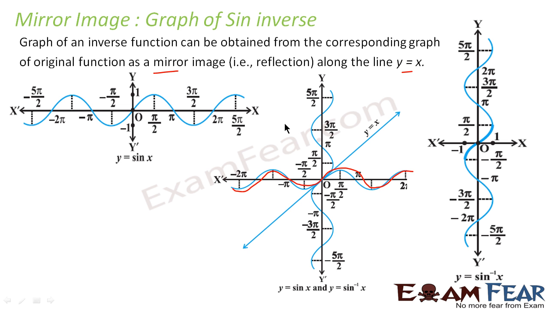And then we drew the graph of y is equal to sine x and y is equal to sine inverse x, and we observed that the graph of y is equal to sine inverse x is nothing but the mirror image of y is equal to sine x along the line y is equal to x. Now let's do the same thing for cos x.